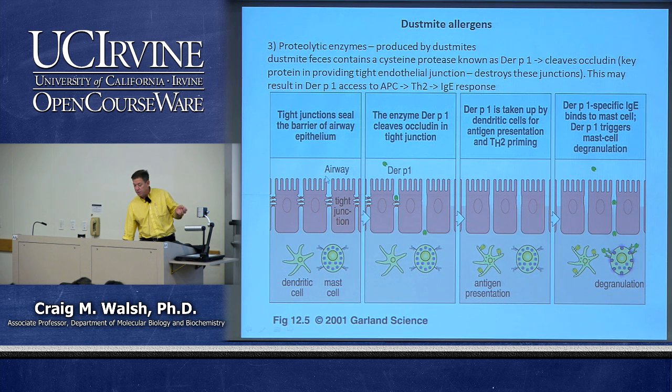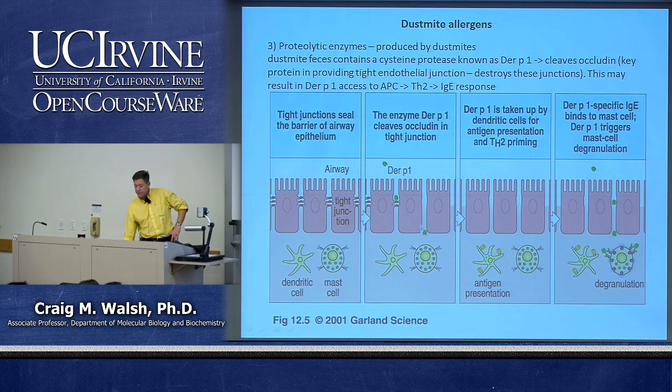And what it does is once that gets in the airway through the air, this Der p 1 as a protease can cleave these gap junctions. So this is the airway epithelium, and in order for this allergen to make its way inside of this mucosal site, it needs to basically get past these gap junctions. So that barrier that's normally there is broken down because this Der p 1 protease can then cleave this gap junction protein called occludin.